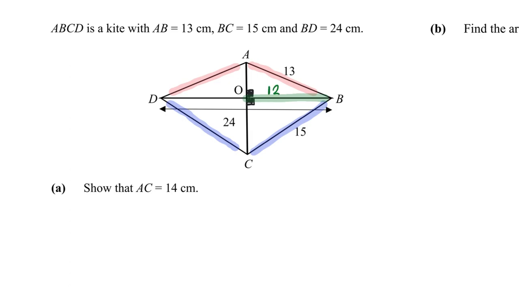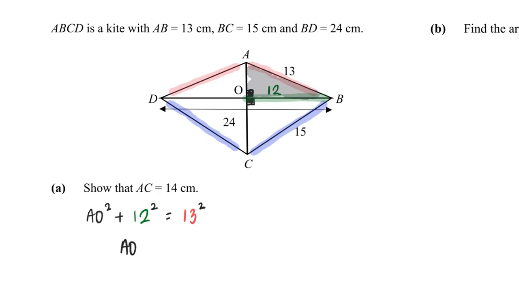This will be 12. And once I know this is 12, I will then be able to focus on the triangle here to get AO by Pythagoras theorem. So AO square plus 12 square is equals to 13 square by Pythagoras theorem.